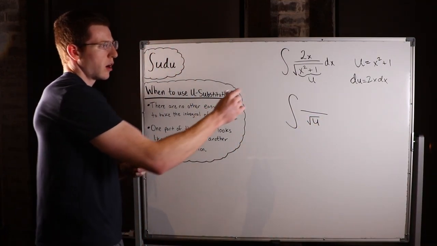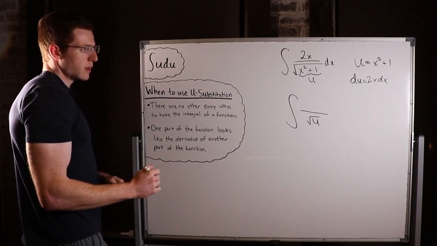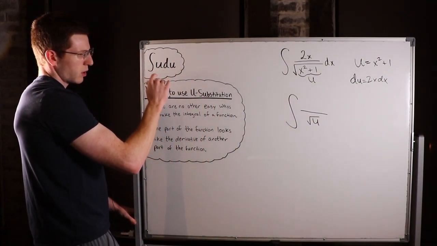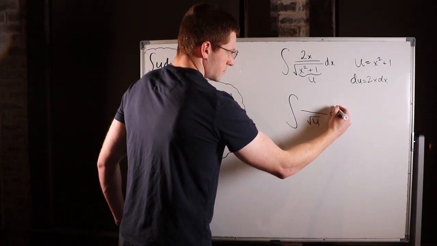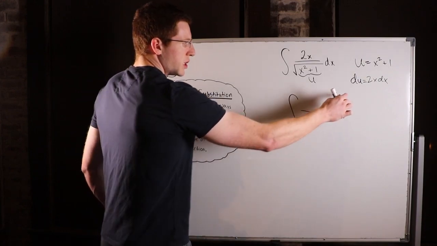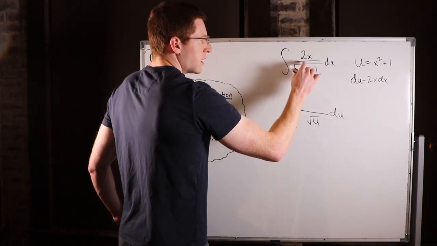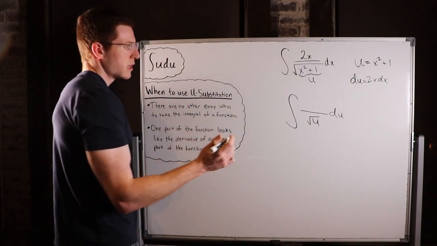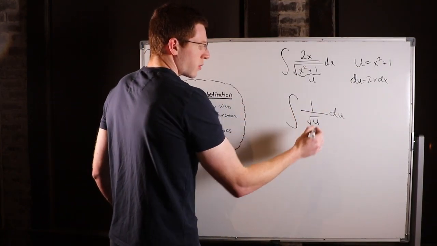And that's what our original function looked like. And then I need a du to go along with my u. So does that take care of the rest of the function? So du was 2x dx, and yeah, that's 2x dx. That takes care of the rest of it, right? So I can just put a 1 here as a placeholder.